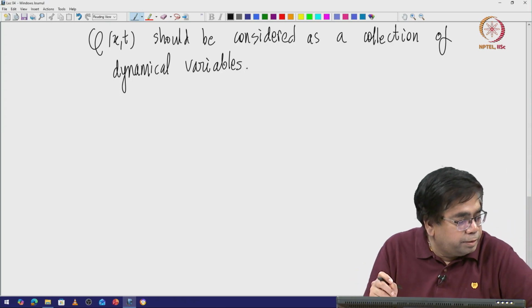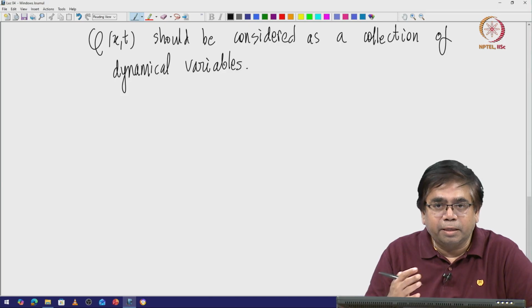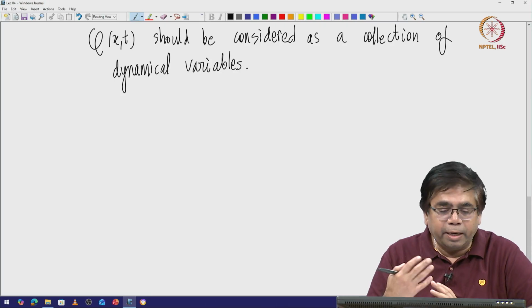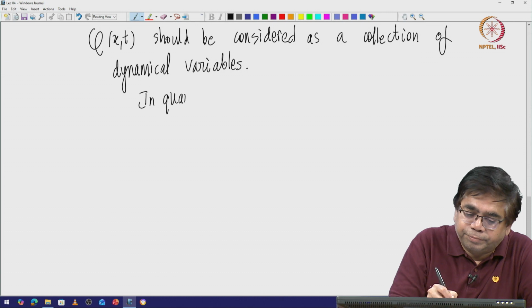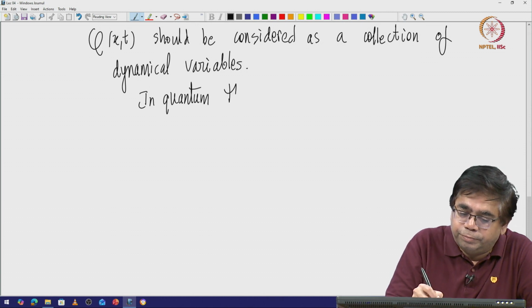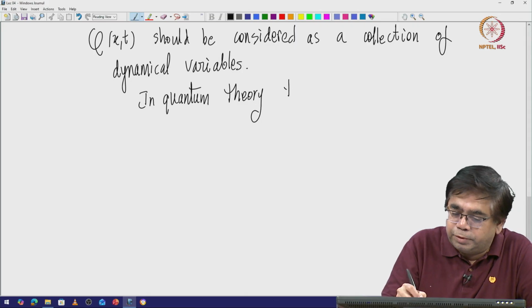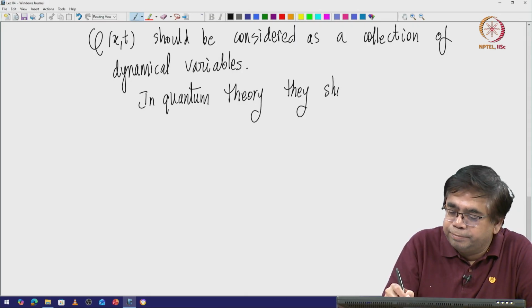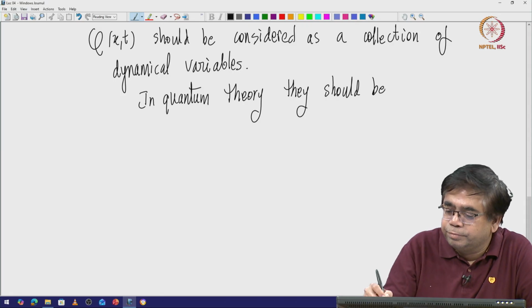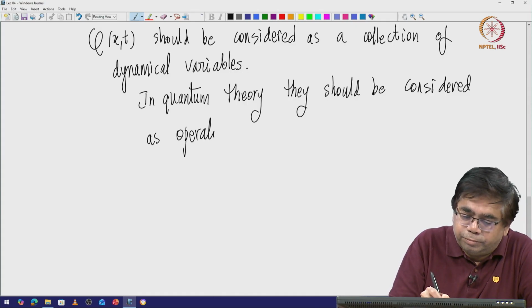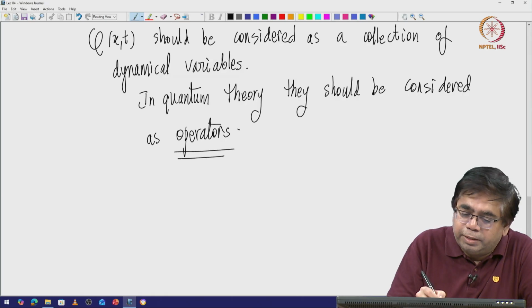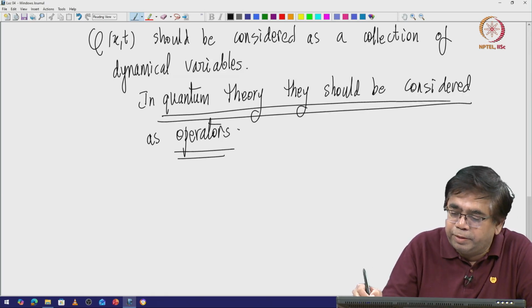In classical theory these are variables, and now you want to promote them into quantum theory, so they should be considered as operators. The field itself is an operator.